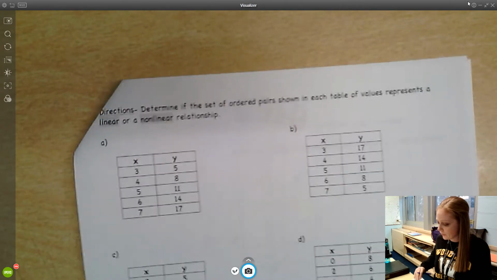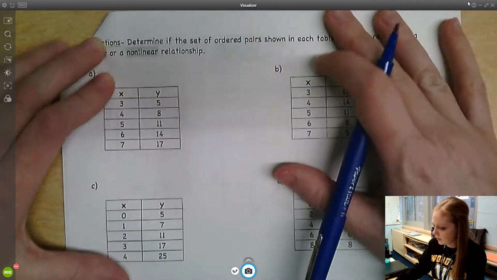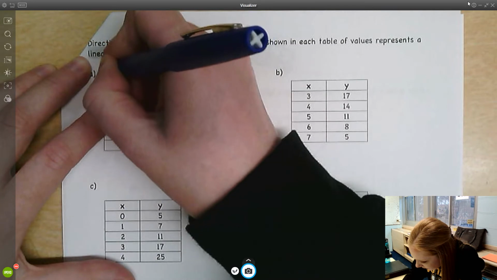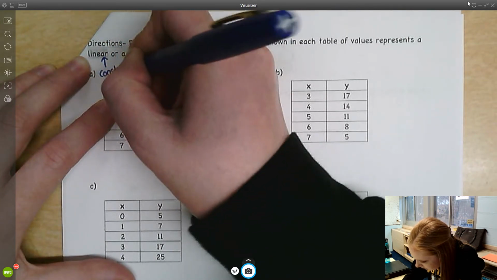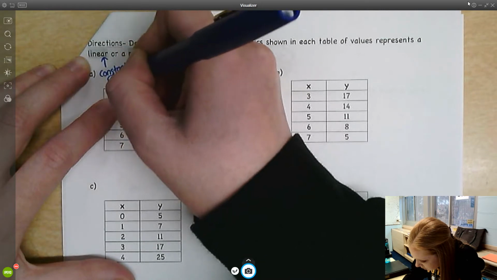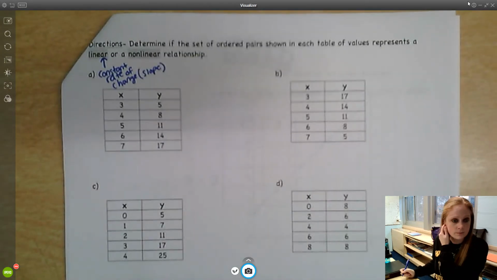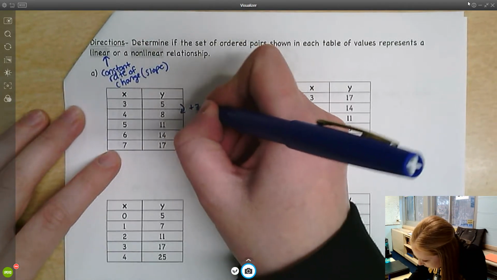Okay, so now we're going to figure out if it's linear or nonlinear just from looking at the tables, no graphs this time. Remember, to be linear, we have to have a constant rate of change, which is the same thing as slope. To get from 5 to 8, we're adding 3.